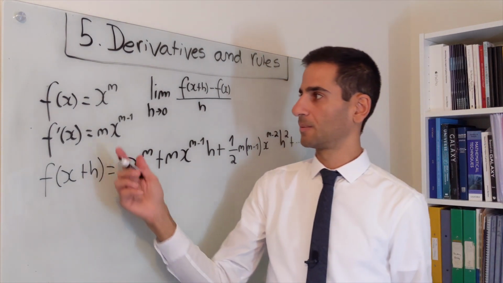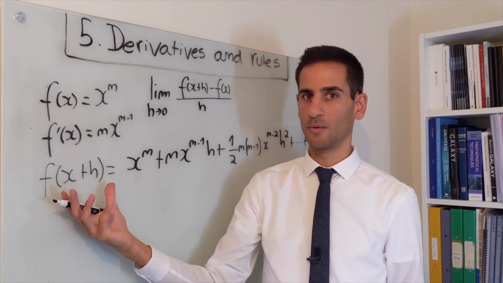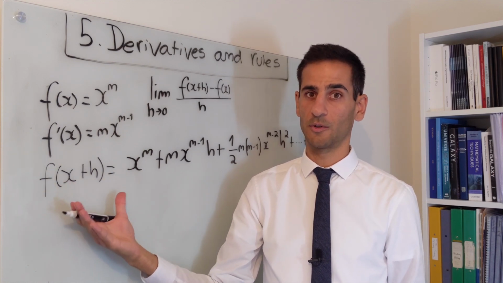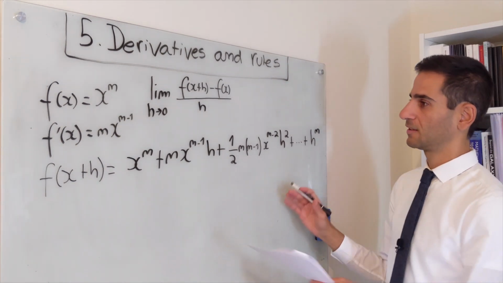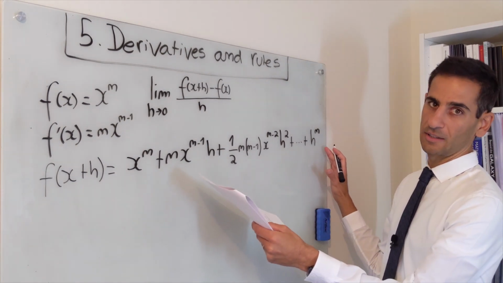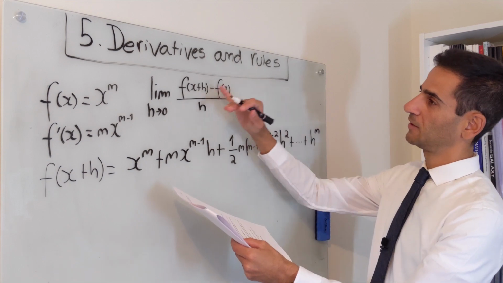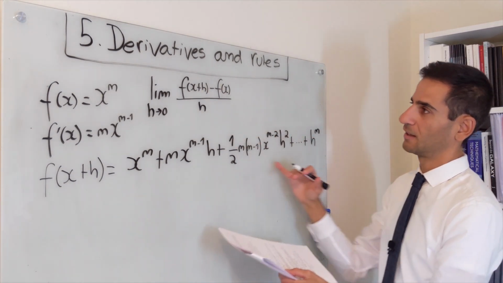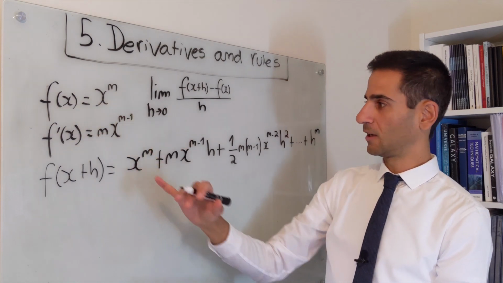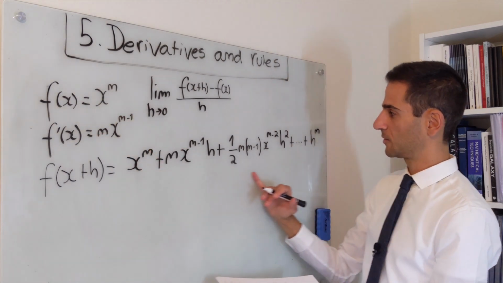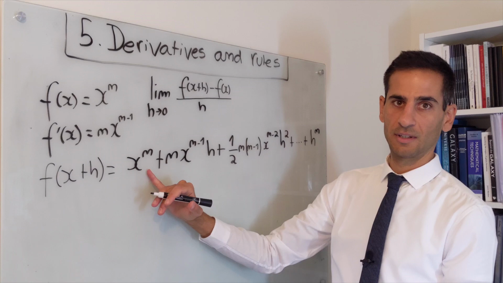So the crucial step to showing this is knowing how to perform binomial expansion. It means that you're going to be plugging in this enormous train into this expression, and then you're going to be subtracting x to the power of n. And you'll see that all the other terms will remain except this one.